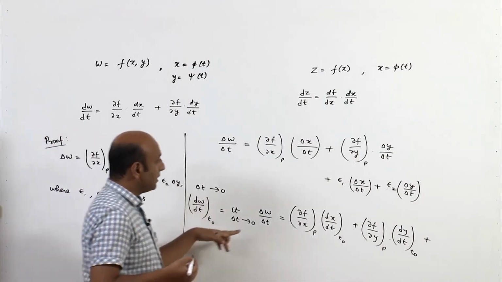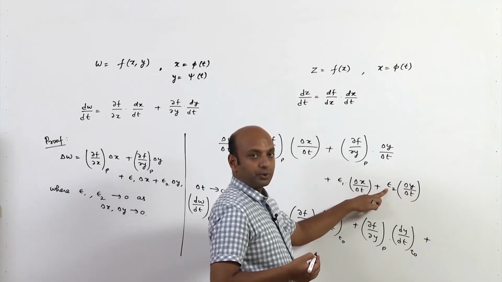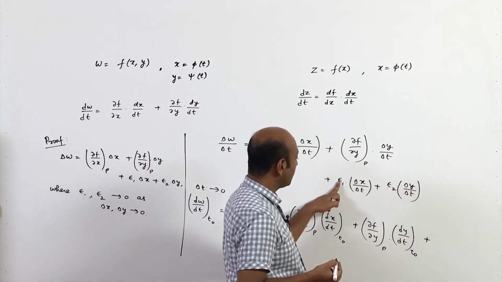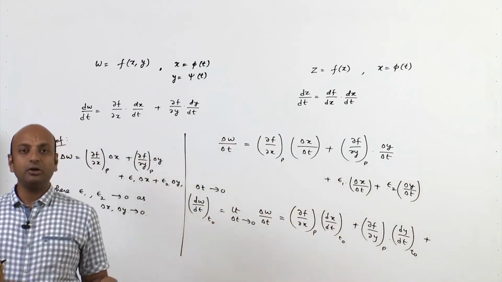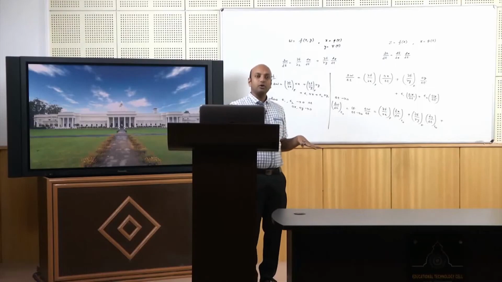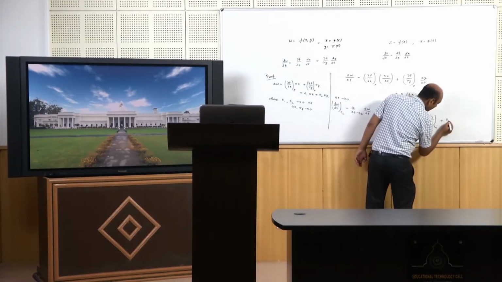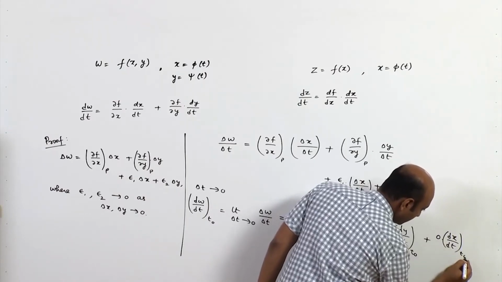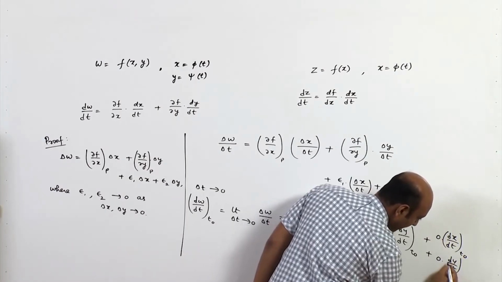This means epsilon 1 and epsilon 2 will tend to 0, because these are functions of delta x and delta y, and when delta t tends to 0, epsilon 1 and epsilon 2 both will tend to 0. So, plus 0 into dx upon dt at t naught plus 0 into dy by dt at t naught.